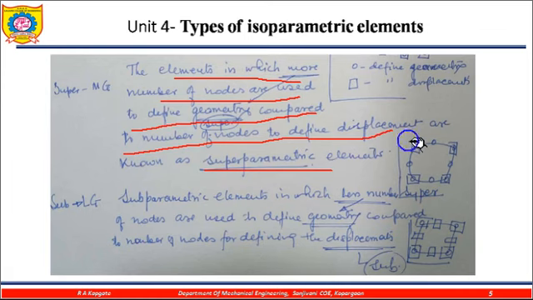You can see here that the circular nodes, those which define the geometry, are more compared to the displacement nodes, hence this is called superparametric. So superparametric means more geometry. Again we can remember this as mg, that is super mg.